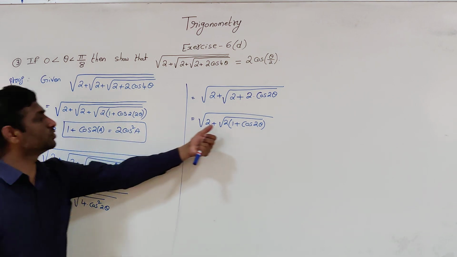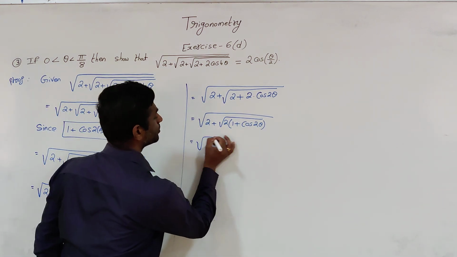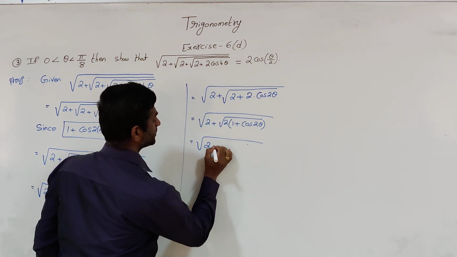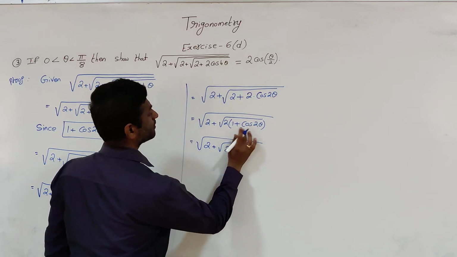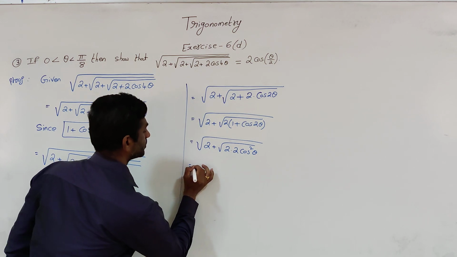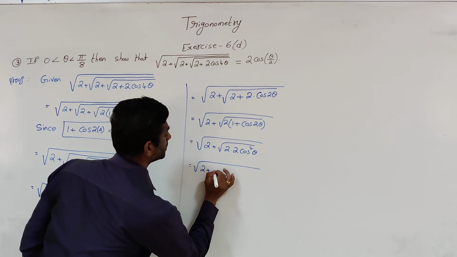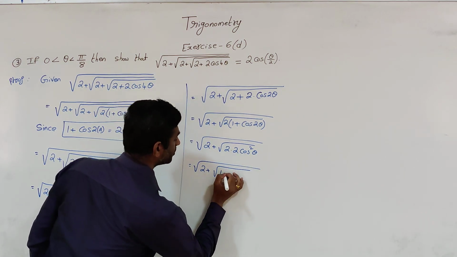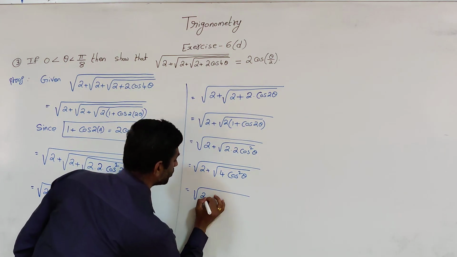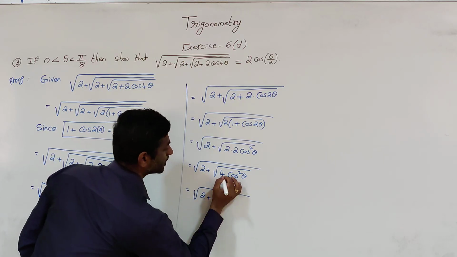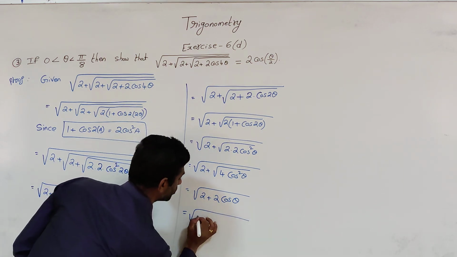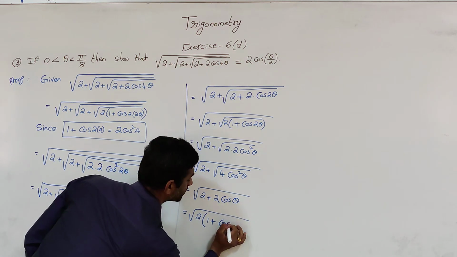So it will be square root of 2 plus square root of 4 cos square theta, which is square root of 2 plus root 4 is 2, under root of cos square theta is cos theta. So again 2 common, it will be 1 plus cos theta.